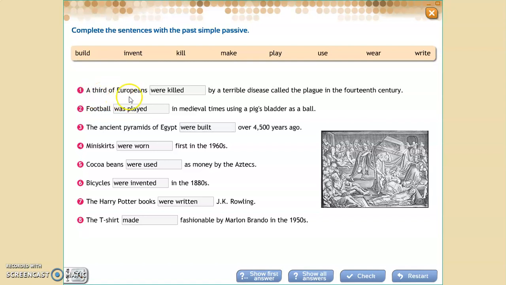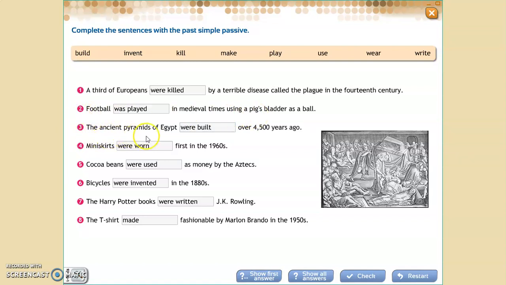A third of Europeans were killed by a terrible disease called the plague in the 14th century. 2. Football was played in medieval times using a pig's bladder as a ball. Imagine that. 3.